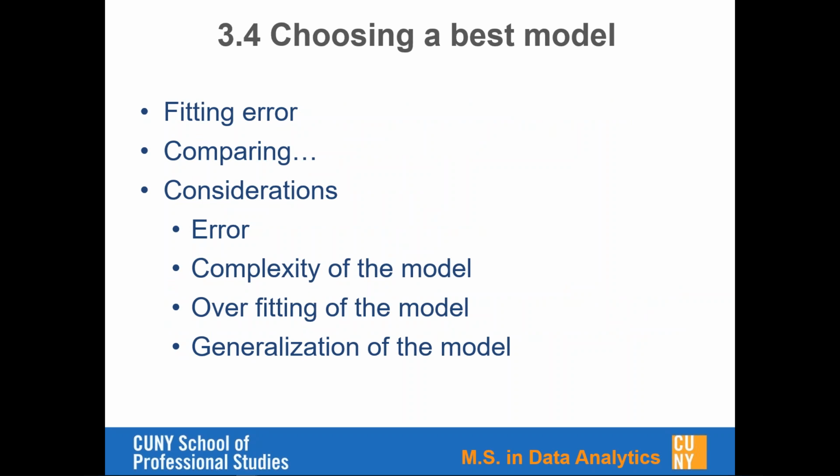So usually when we try to choose the best model, you look at the fitting error, you want to compare different errors, and then you would also make considerations such as not only the error itself, but also the complexity of the model, overfitting of the model, and the generalization capability of the model. These are the fundamental basics that we should consider.